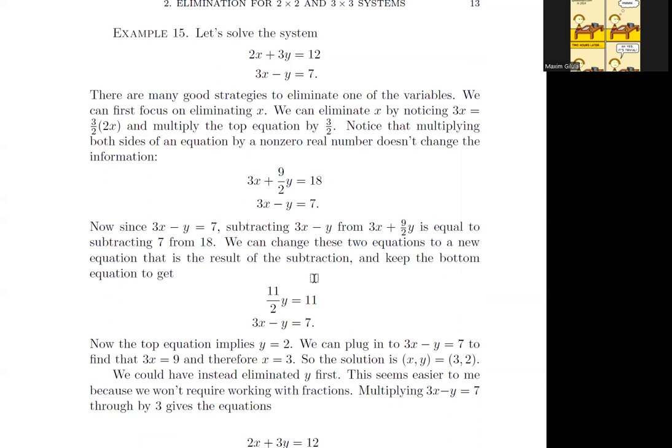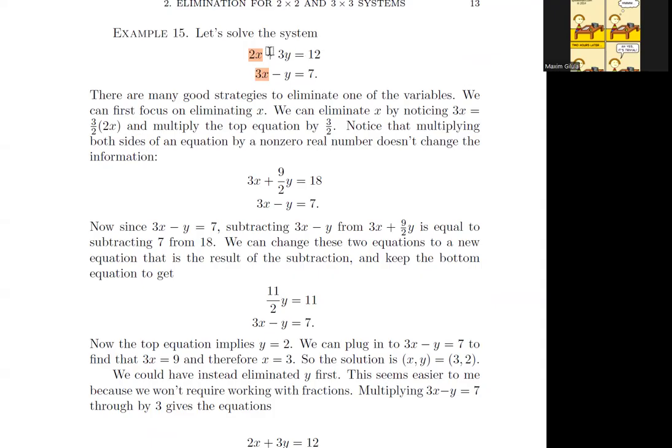So you could do a lot of things to eliminate variables. We could try to eliminate x first. So we could try to make the same coefficient in front of both x terms. So right now it's 2 and 3, but we could do the following. 3x is 3 halves times 2x.